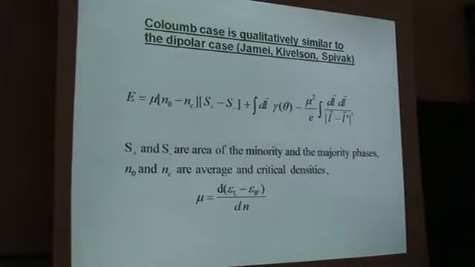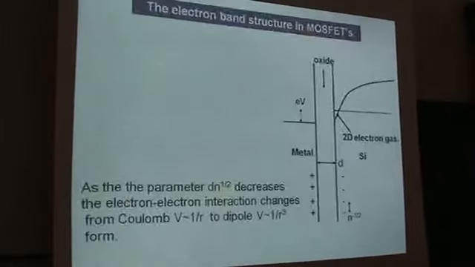The proof of this is actually quite complicated, but I just would like to say that with this comment, everything which I told you above, after hard work, applies for Coulomb interaction as well. So that's one thing.